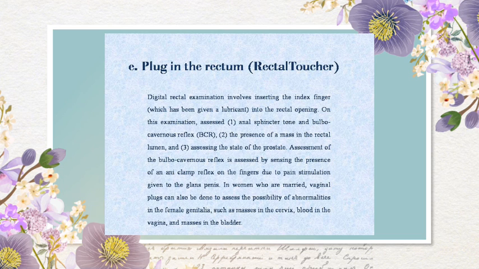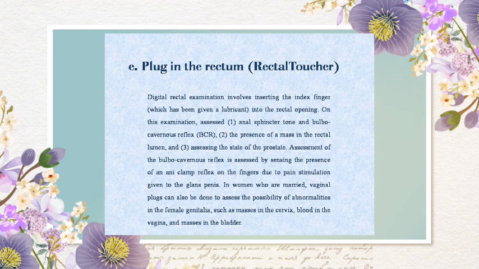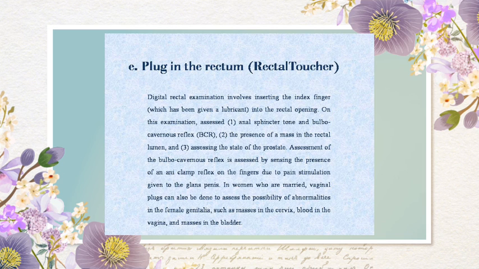Second, the presence of mass in the rectal lumen, and the last, assessing the prostate. The bulbocavernosus reflex is assessed by sensing the presence of any clamp reflex on the finger due to pain stimulation given to the glans penis.